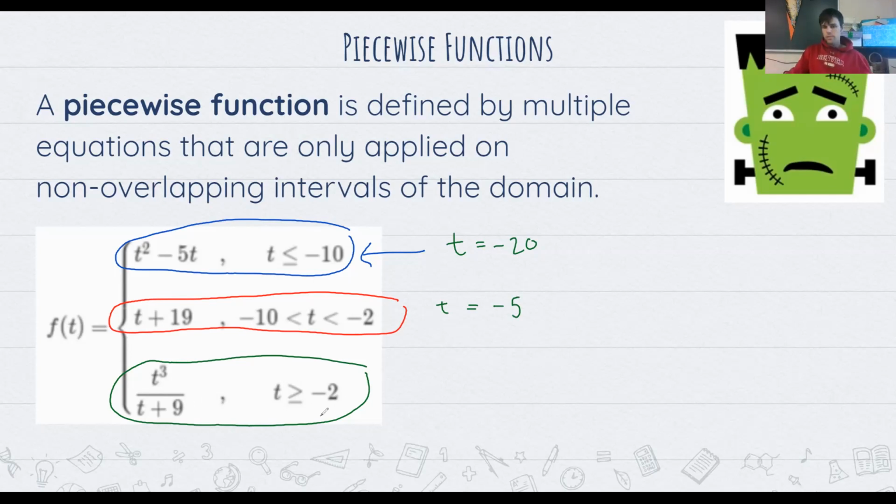So for t equals negative 2, we would use this one because equal to negative 2 is an option, or anything bigger, we'd use this function down here. So it's kind of complicated, but it turns out piecewise functions model a lot of real world problems. That's it. We'll go ahead and move forward and do a couple examples.